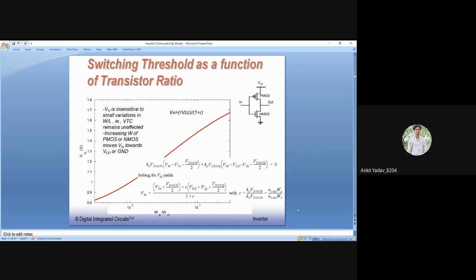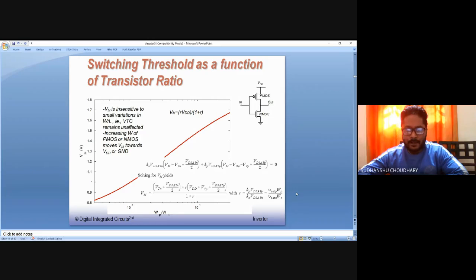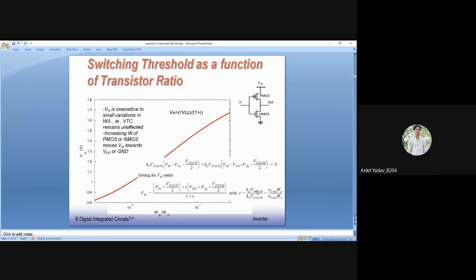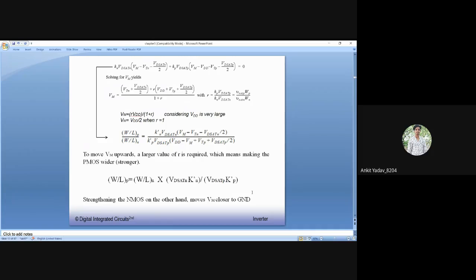Yes sir, and sir, the R is equal to R equivalent of PMOS upon R equivalent of NMOS. Yeah, so that is different. Those are the resistances. This is not resistance. This is the process transconductance multiplied by the saturation voltage, VD sat. Okay sir. Now sir, the question was, in beta, it is width by length of PMOS divided by width by length of NMOS.